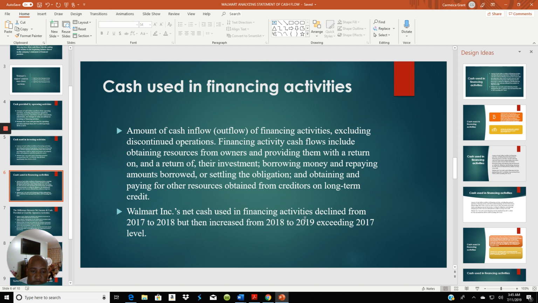Walmart's financing activities declined from 2017, but then from 2018 to 2019 increased, exceeding 2017 levels.